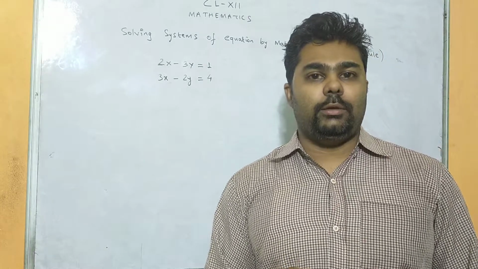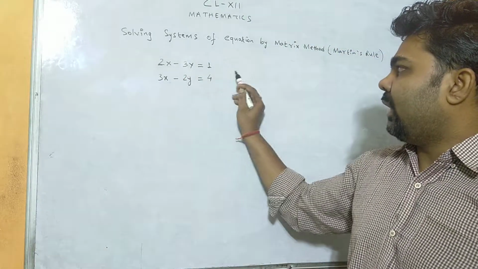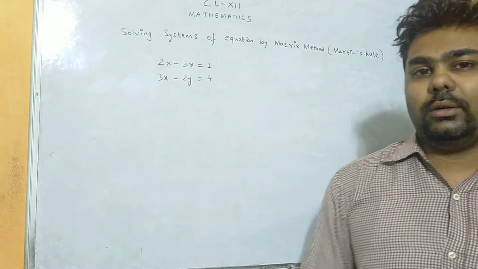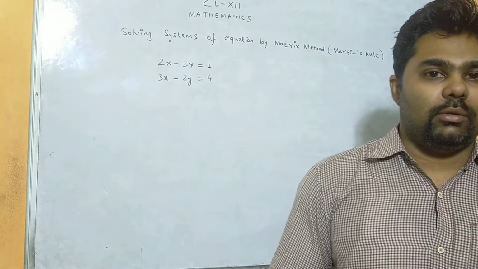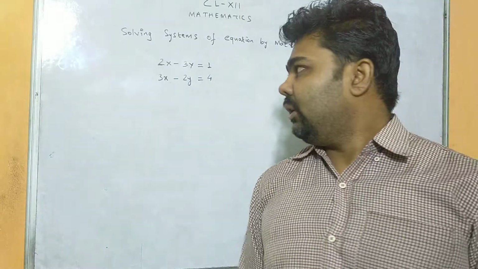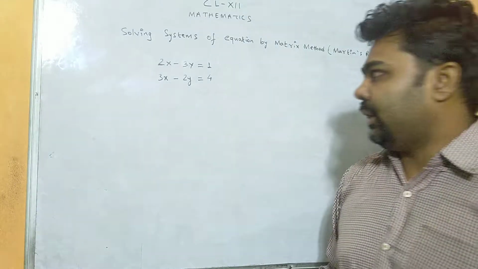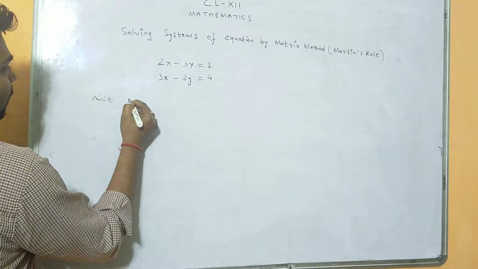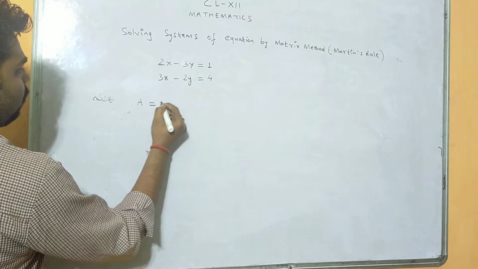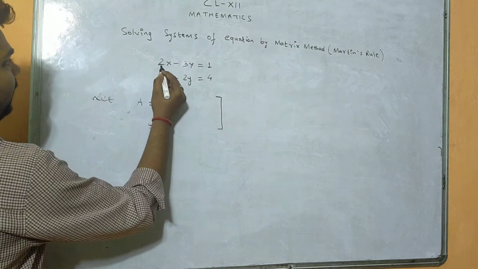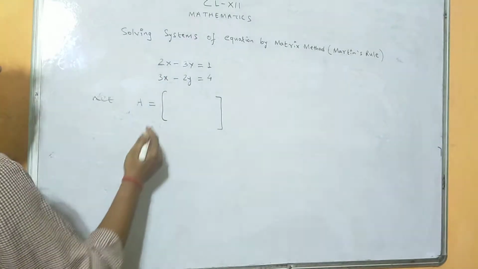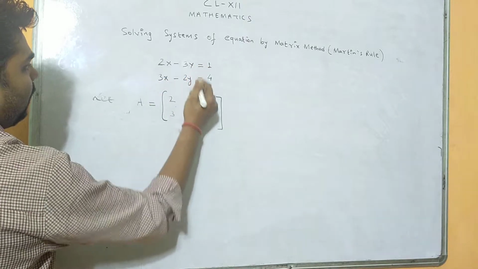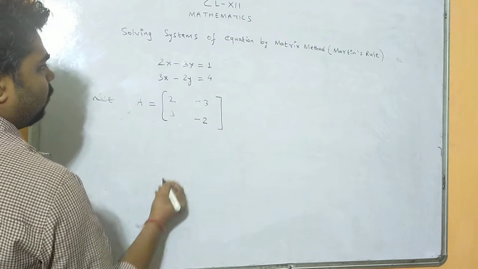Like here we have equation number 1 and equation number 2. If there are three equations, then we have to find three variables, that is x, y and z. Here we have to find only x and y. So let matrix A equal, in matrix A we will write the coefficients of x and y, so here 2, minus 3, 3 and minus 2.